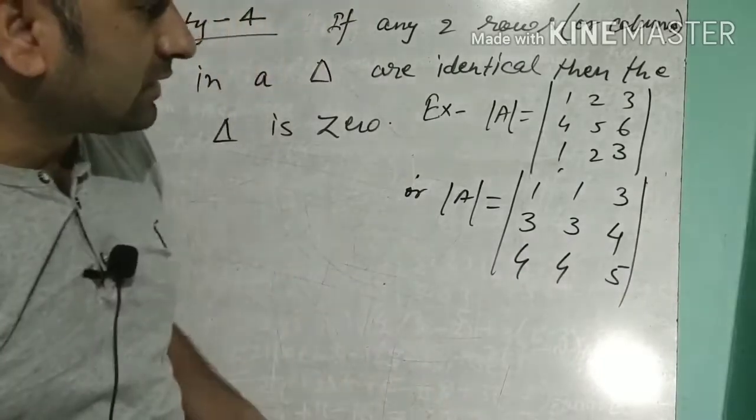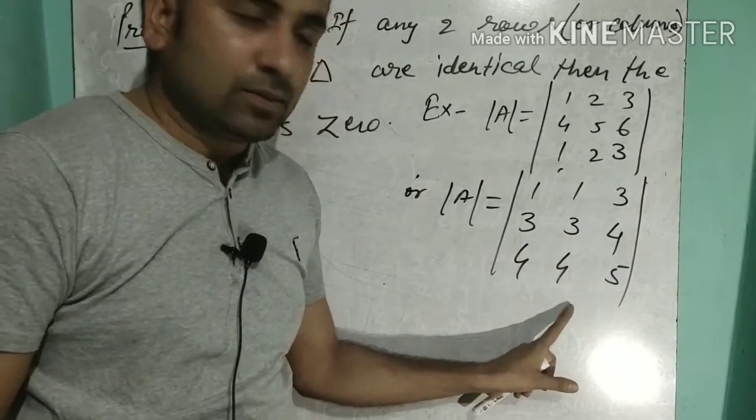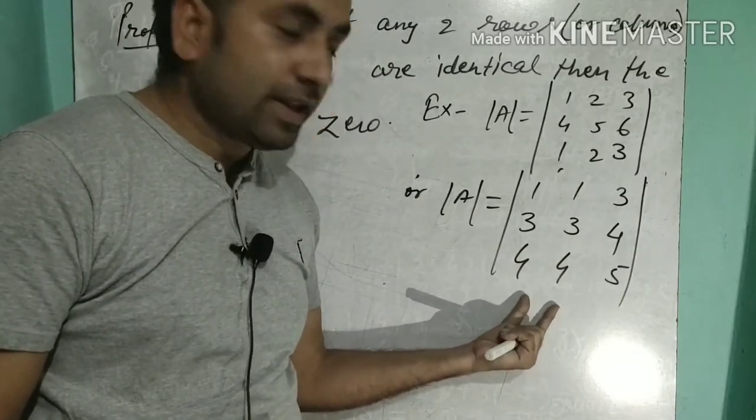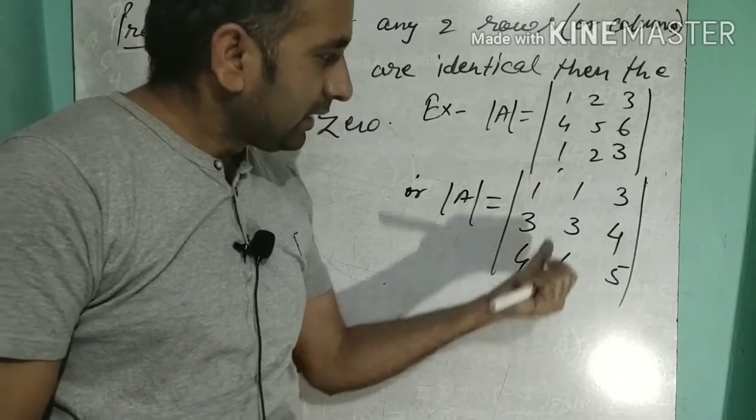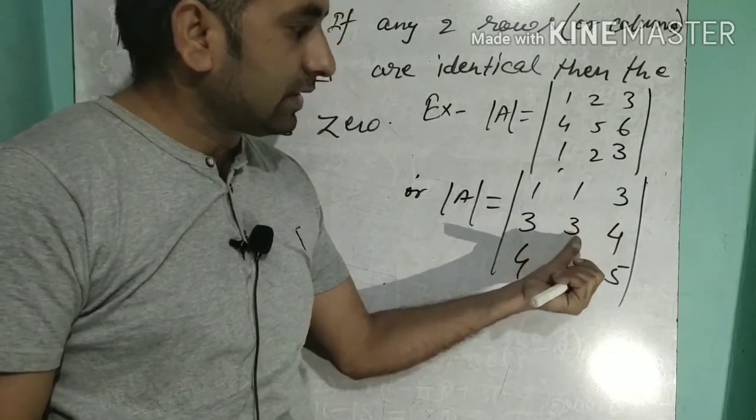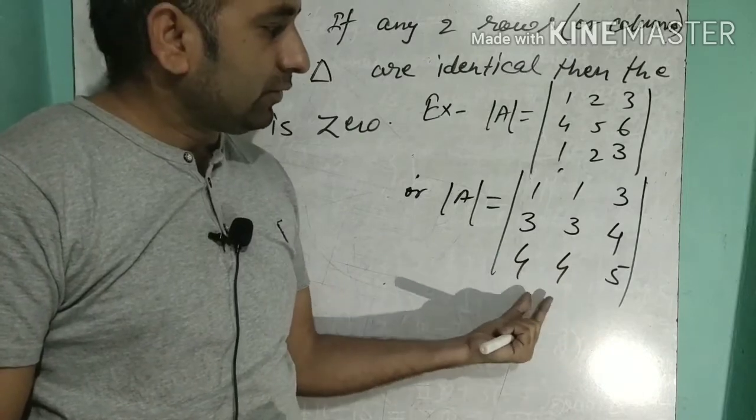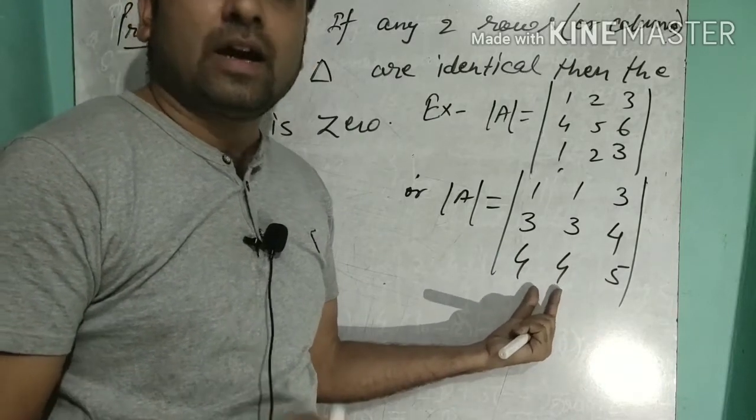Is it clear? Now students, see here all the elements in C1 and C2 are the same. It is 1 and 3, 3 and 4, 4. So you can say C1 and C2 are identical.